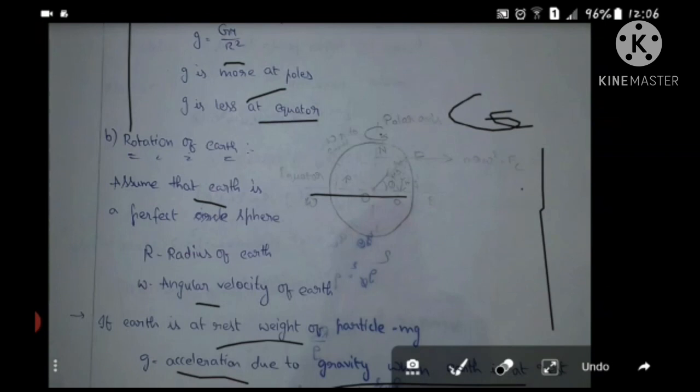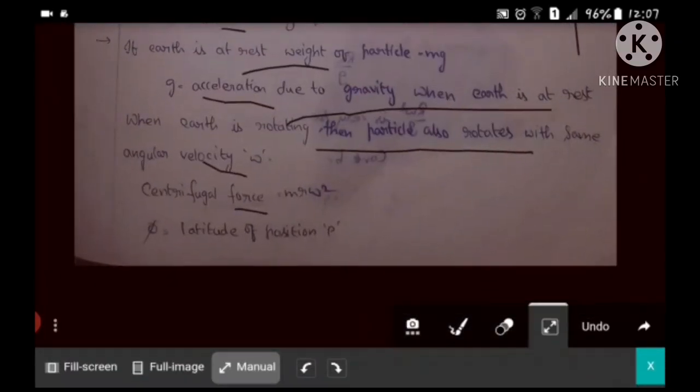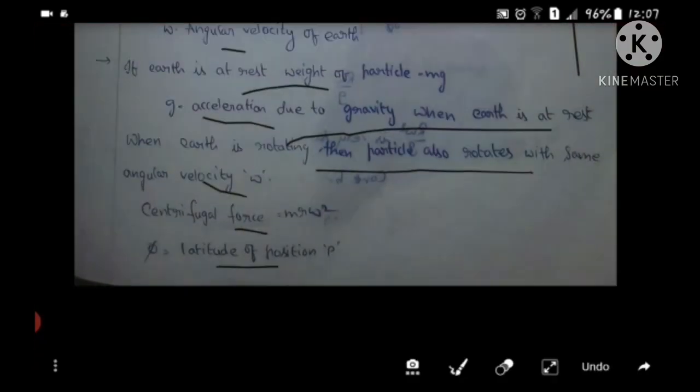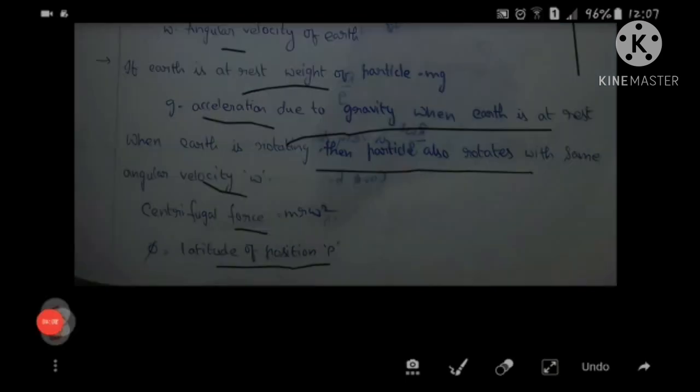Now here is a particle P. Here is the center of earth O, and the radius of earth is capital R. Here is the angle phi, and mg is acting towards O, and here the centrifugal force m r omega square acts. Here phi is equal to the latitude of position P.